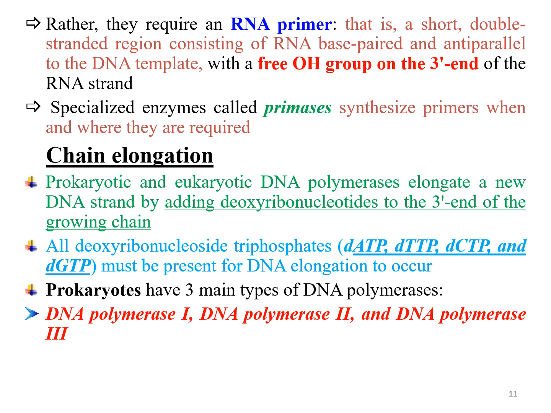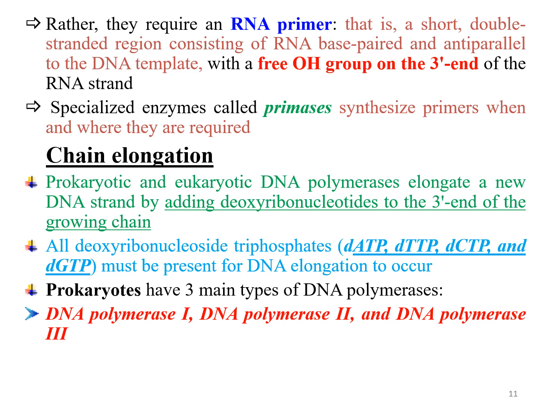In short, this RNA primer can be used for filling the gap left by the DNA polymerase or topoisomerase. So the enzyme called primase synthesizes a primer where they are required.